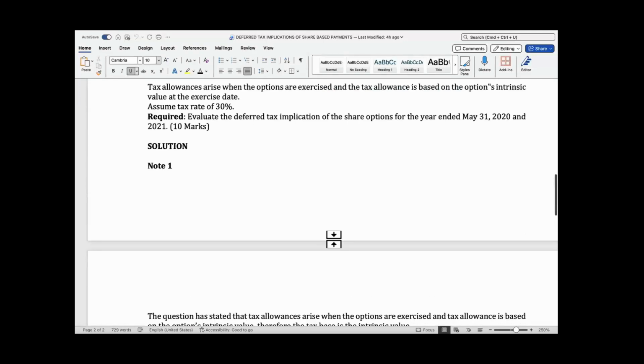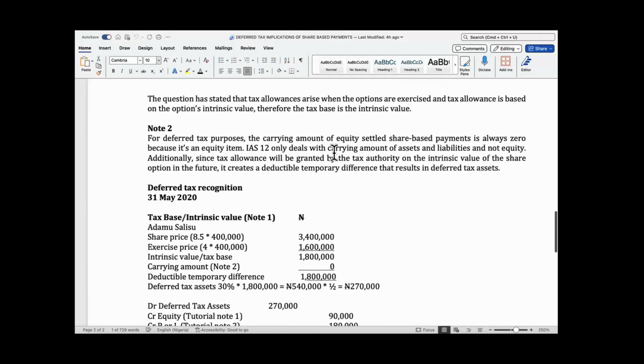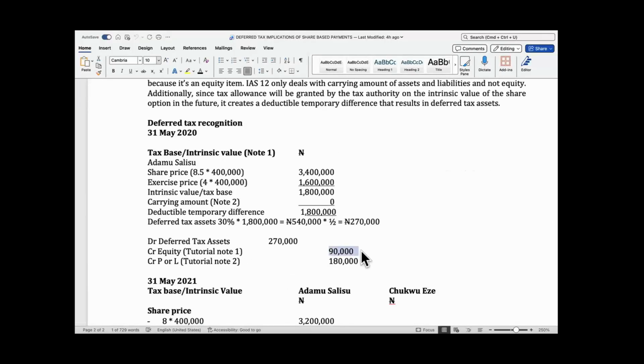And what you had actually put in your books is 600. So the intrinsic value relating to this year is higher by almost 300. So 30% of that is 90. That's what goes to equity. However you want to think about it, really.